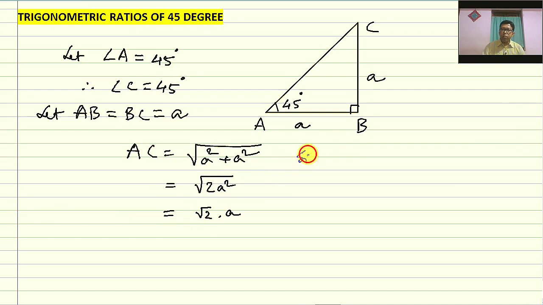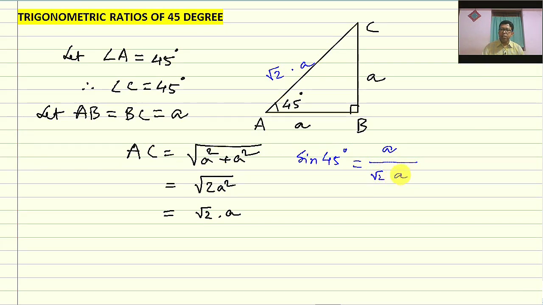So first of all, sine of 45 degree. Sin theta is equal to height divided by hypotenuse, and AC is equal to root 2 into a. This is the hypotenuse now. So sin 45 degree is equal to a by root 2a.